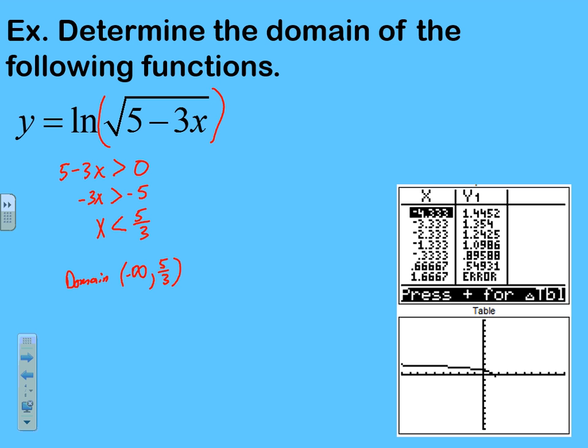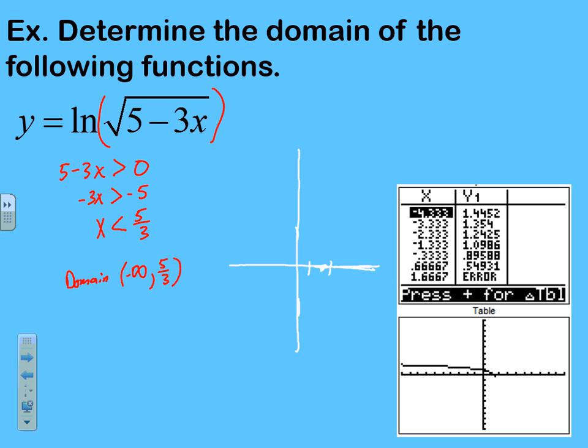Again, the graph is simply going to take the function that the logarithm is being evaluated with. In this case, we have a radical function. If we were to solve the radical function here and try to determine where it would be, when we work it out, the one root that the radical function has happens to be at positive 5/3, which is about 1 2/3.